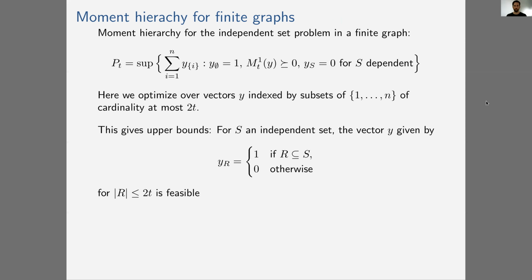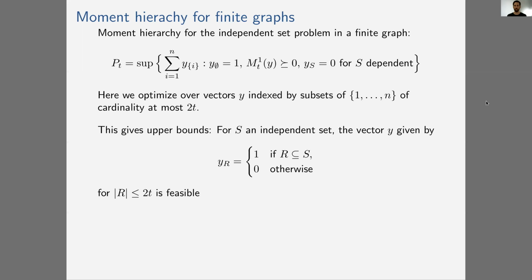Just to check real quickly, let's verify that this gives an upper bound. Of course, this follows from the general theory, because Laurent showed that this is actually the moment hierarchy for the 0-1 polynomial optimization problem. But we can also check this directly very quickly. We take an independent set S, and then we construct a feasible solution for this problem. This feasible solution y is defined by y sub R is 1 whenever R is a subset of S, and we consider sets R up to cardinality 2t.